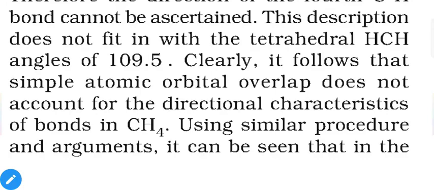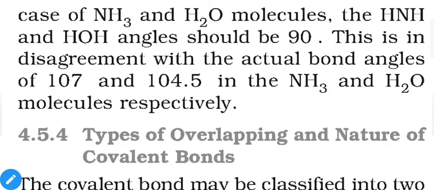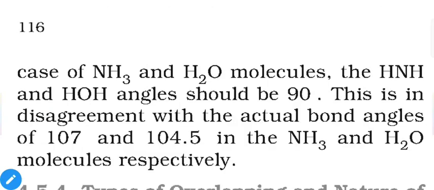Using a similar procedure and arguments, it can be seen that in the case of NH3 and H2O molecules, the HNH and HOH bond angles should be 90 degrees as well. But it is not, we know that. This is in disagreement with the actual bond angles of 107 and 104.5 in NH3 and H2O molecules respectively. That means something different is also happening in this case.